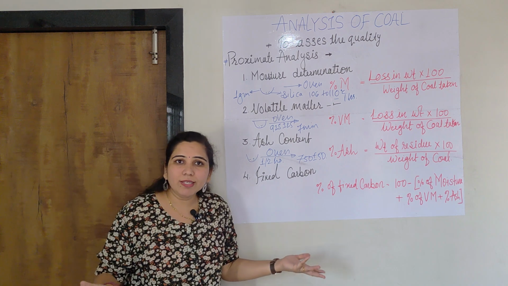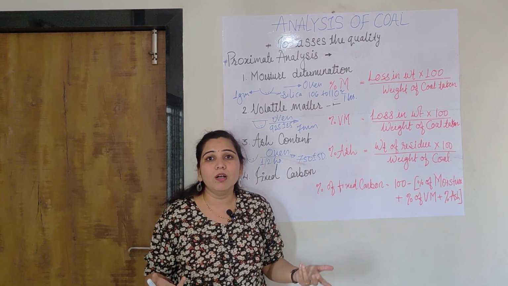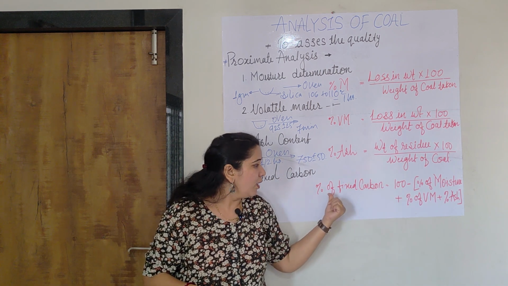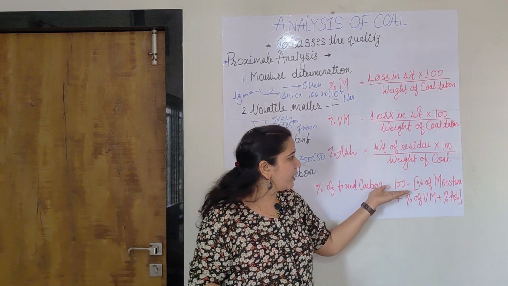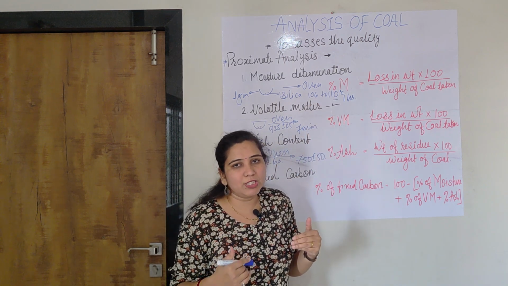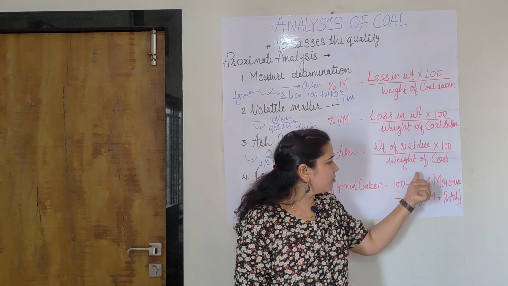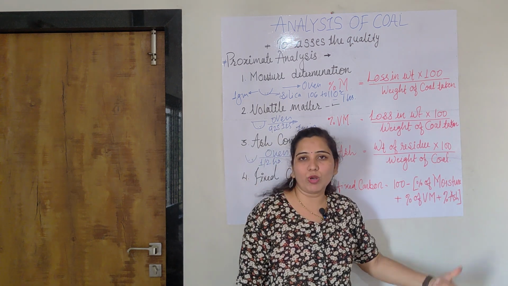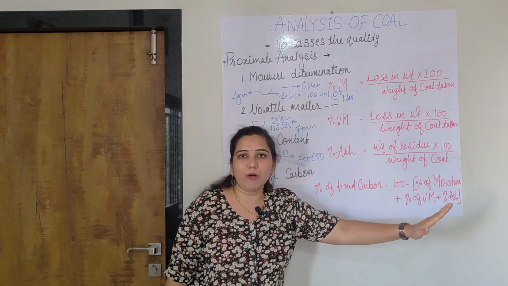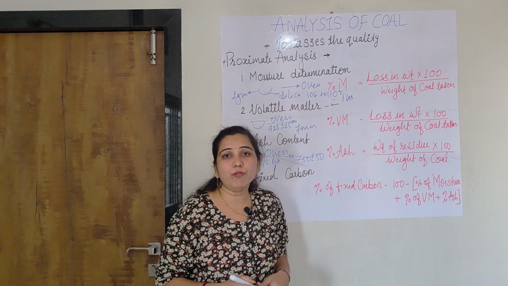We don't have any solid procedure to calculate it, so it can be calculated by the calculation that percentage of fixed carbon equals 100 minus the percentage of moisture plus percentage of volatile matter plus percentage of ash. By subtracting all these from 100, we get the percentage of fixed carbon.